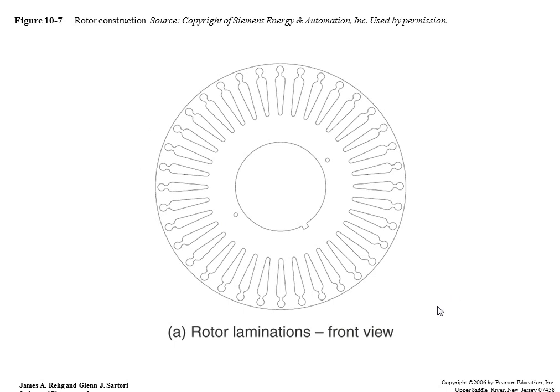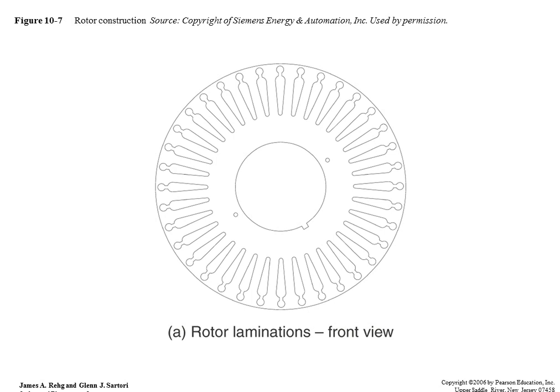Here is my rotor. My rotor is going to have pieces of metal going through it. I'm going to have windings around it as well, but I'm not going to have any electricity going to my rotor. The fields are induced in the rotor by the rotating magnetic field going around the stator. Now, if I have a synchronous motor, I am going to have windings going to the rotor.